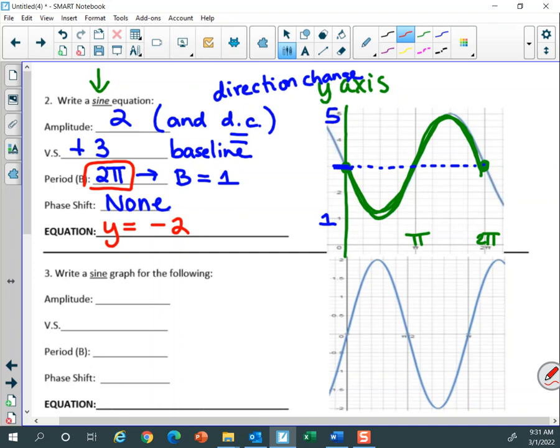You could put B equals 1, yeah. I would prefer you don't write 1, you write B equals 1, because that's a little bit different than the period being 1. So, negative 2 sine, oops. If you want to put the 1, you can, x plus 30.